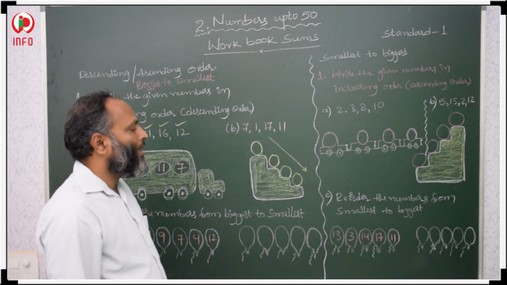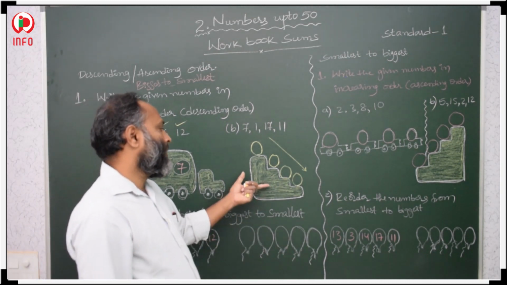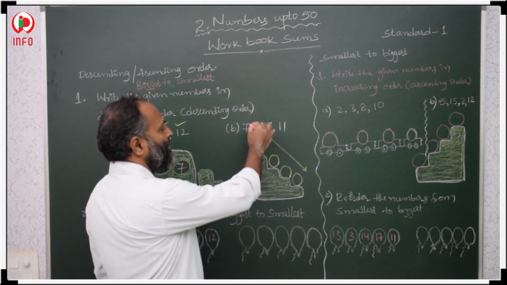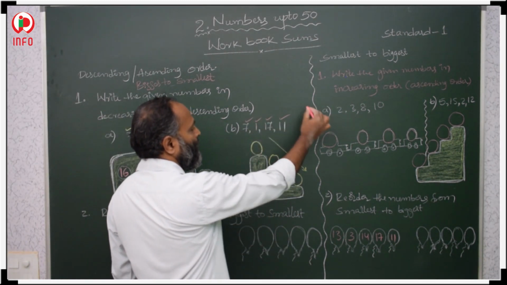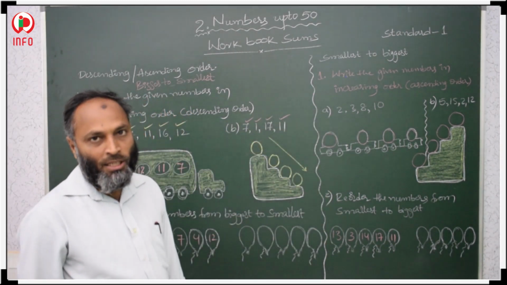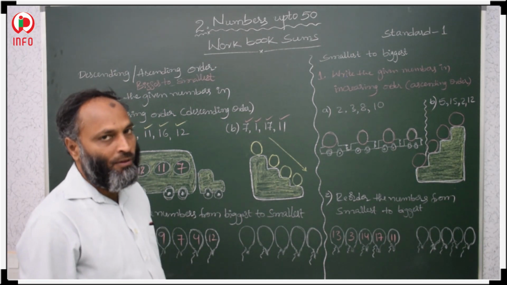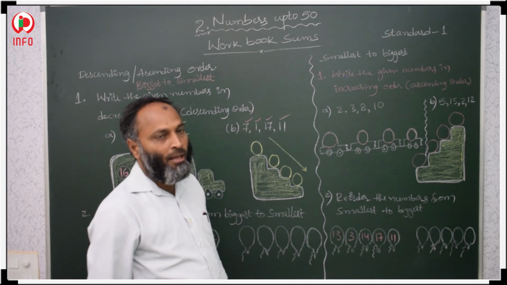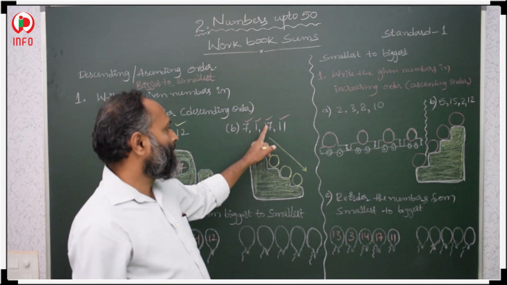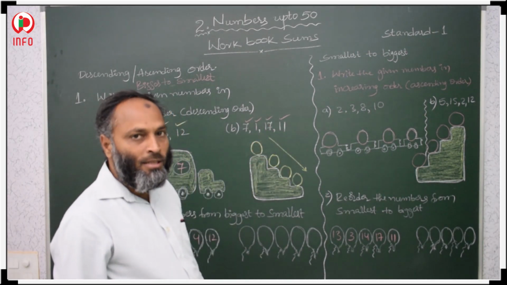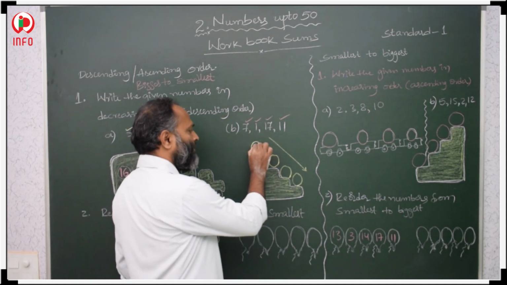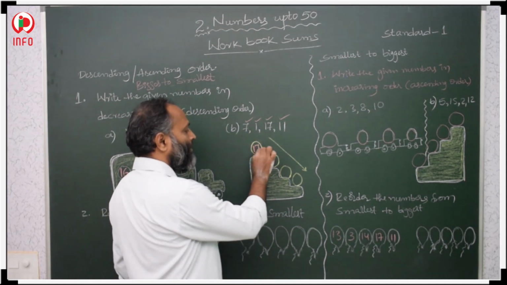Now, again descending order, the same question. Here some numerals are given: 7, 1, 17, 11. We have to arrange these 4 numerals in descending order. Descending means first we select the bigger number. 17 is the biggest, so we take 17 at the top.